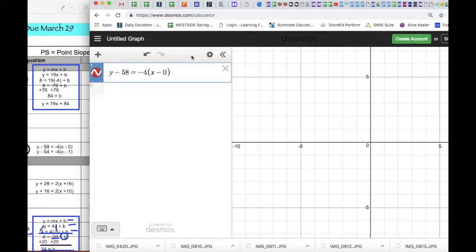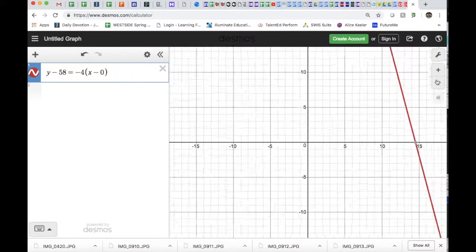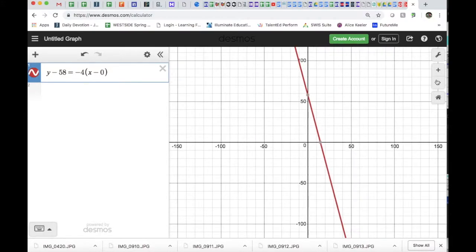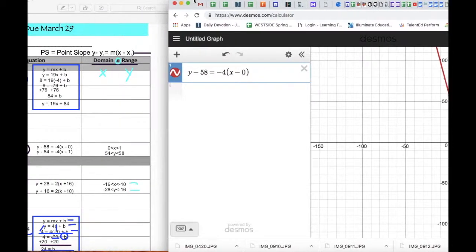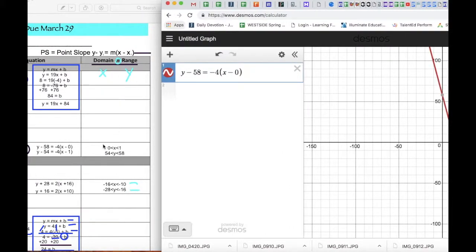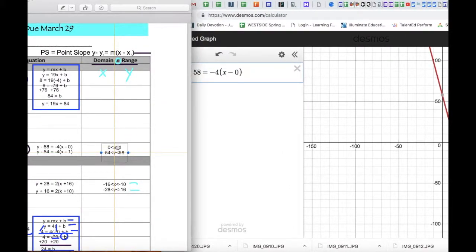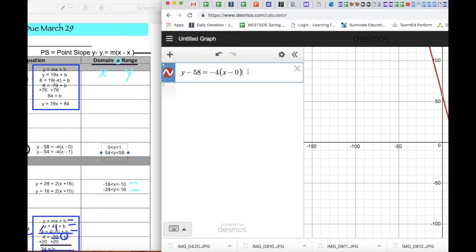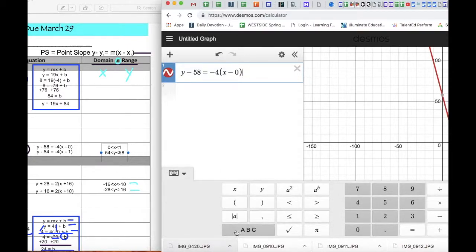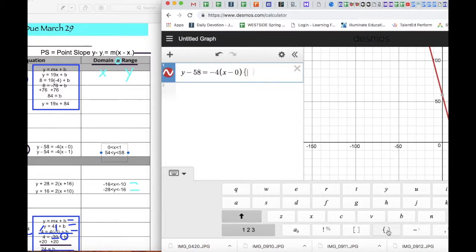Let's just zoom out here because it does not look like there's a line right now. But if we zoom out, there it is. Remember that that's going to go in both directions infinitely, so we need to type in those domain or range constraints. You're just going to pick one, and how you do that is you use the curly brace. If you're using your iPad, you can go to ABC and click on the curly brace.